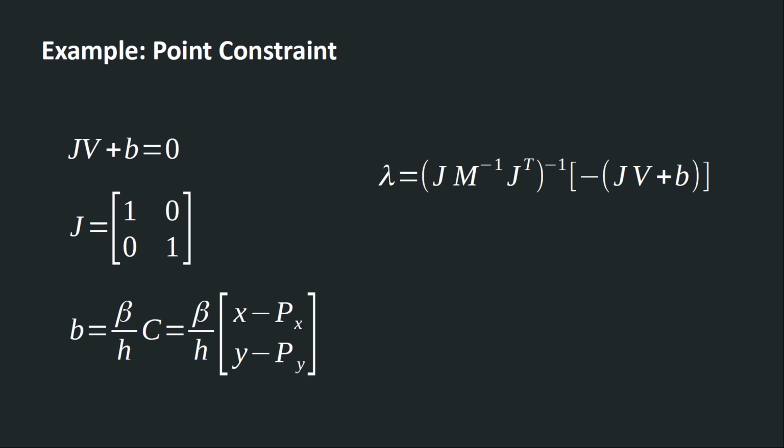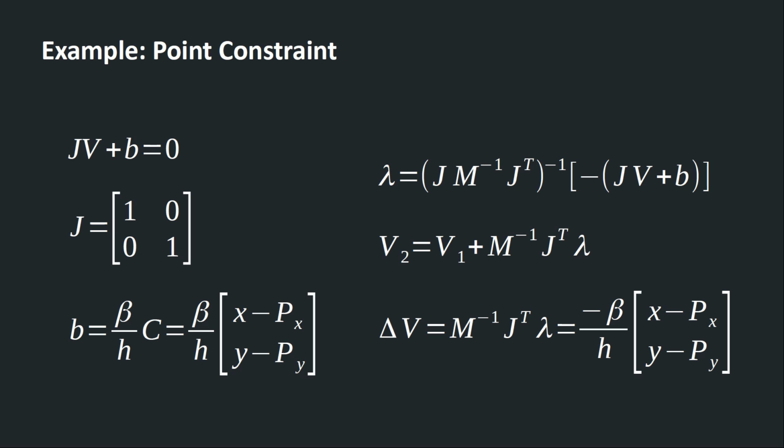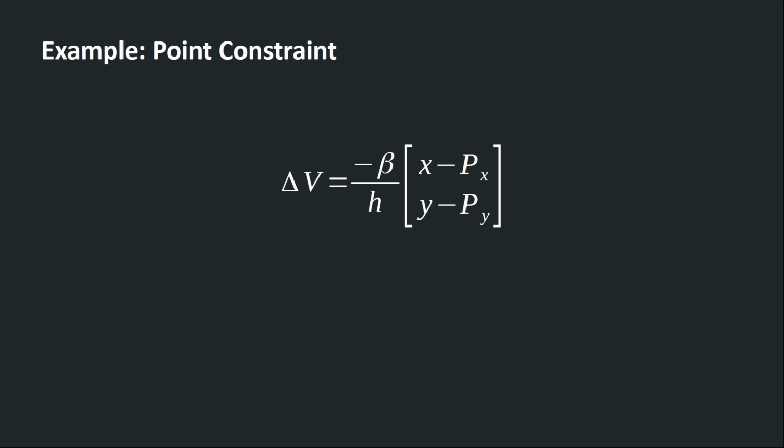We have the formula for lambda. We also have the formula for v2, which is the new velocity. Finally, we can compute the expression for the necessary change in velocity to fix a violated point constraint, which is this. This is basically Baumgarte stabilization with the positional error feedback.